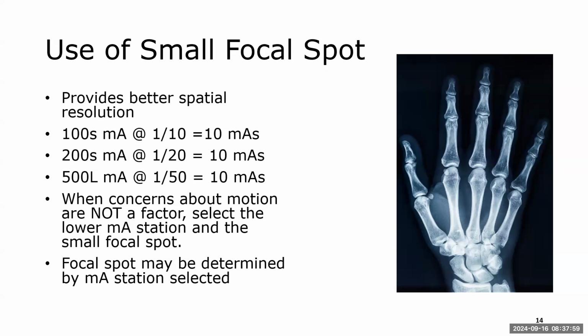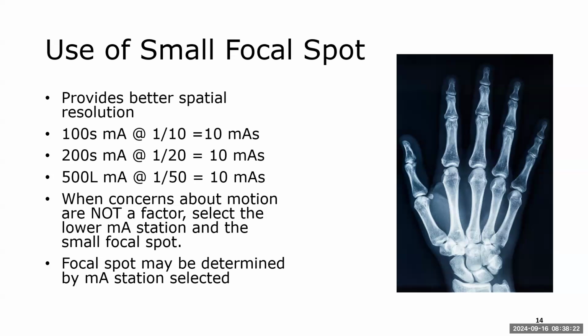The focal spot size is physically smaller and can tolerate more or less heat than a larger focal spot. The smaller can tolerate what? Less. So we don't want a really high current trying to be applied to a small focal spot.